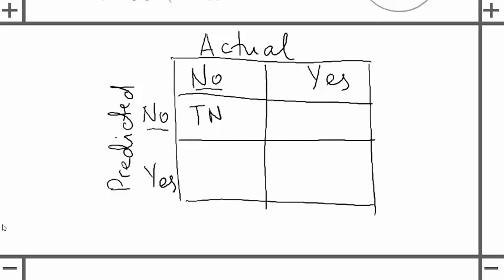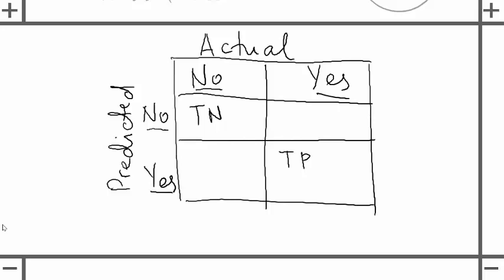What's another good outcome from my model? Tell me. Yes and yes. My model predicted that somebody survived, and they actually did survive. This we're going to call TP. P stands for positives. True positives. So I want my true positives and true negatives to be as high as possible.